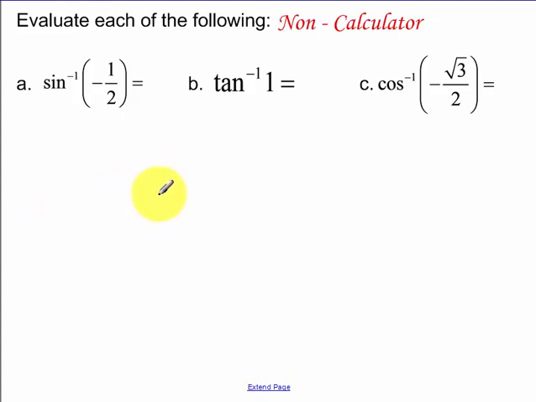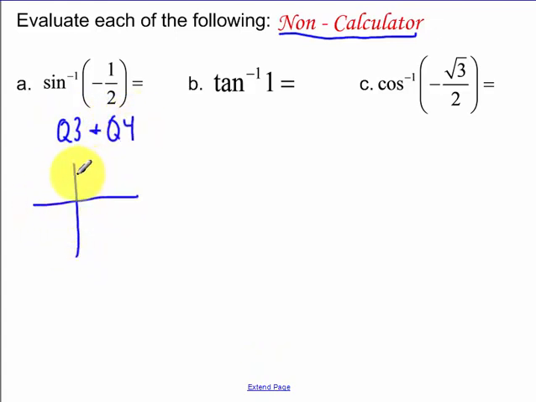Okay, evaluate each one of the following, and these would be considered non-calculator questions. Okay, inverse sine of -1/2. So you have to know your unit circle and go to where sine is -1/2. Well, sine is negative in quadrant 3 and quadrant 4.